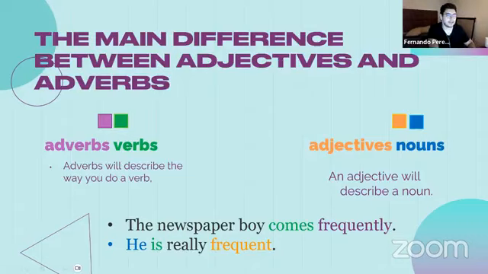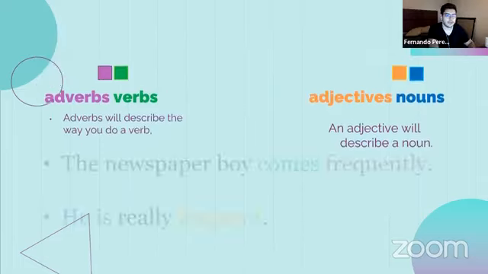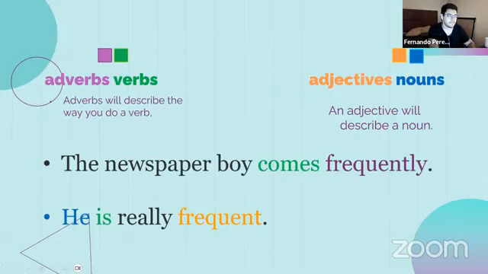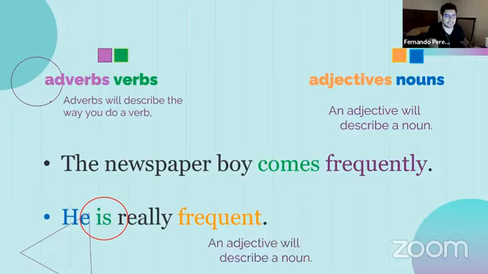Okay, so let's circle over here. Here we have the verb is, which is helping me use an adjective. By rules, an adjective will describe a noun, and an adjective needs the verb be.